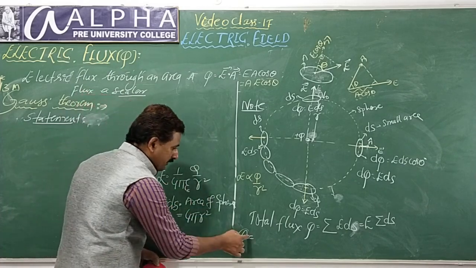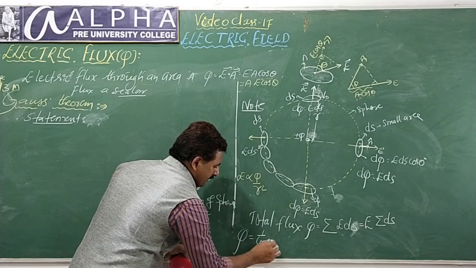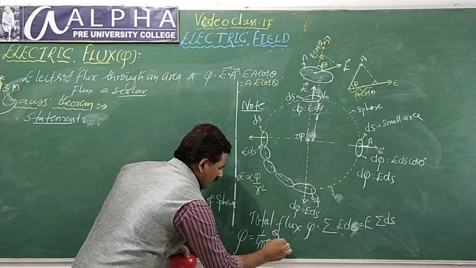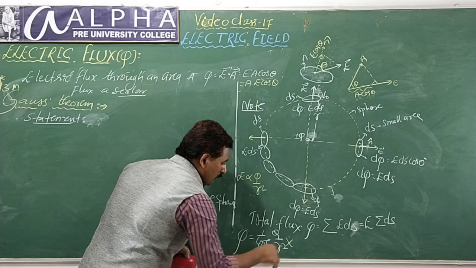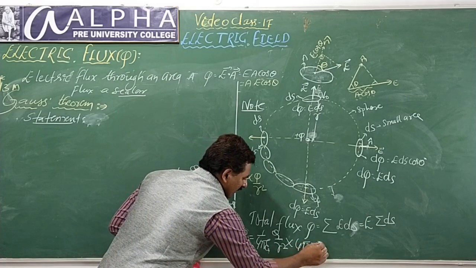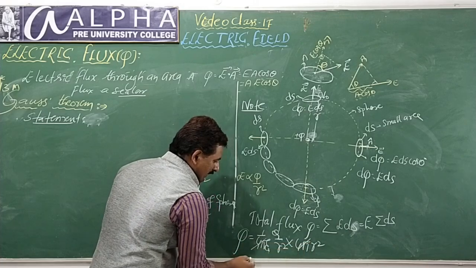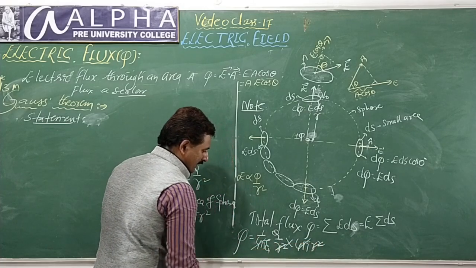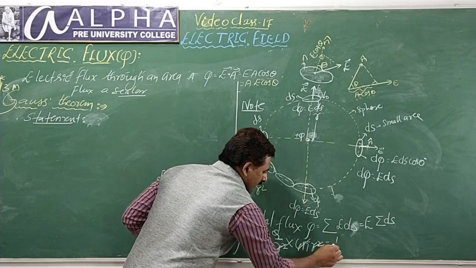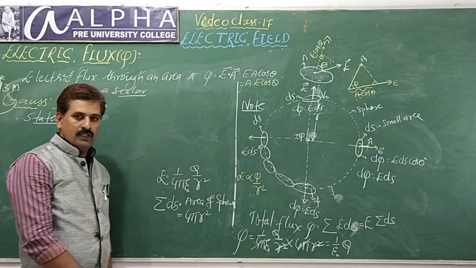So write these two values here. In the place of E, 1 over 4 pi epsilon 0 into charge Q divided by r square into, what is ds? 4 pi r square. 4 pi cancels, right? R square cancels. You are left with what? 1 by epsilon 0 into charge enclosed.